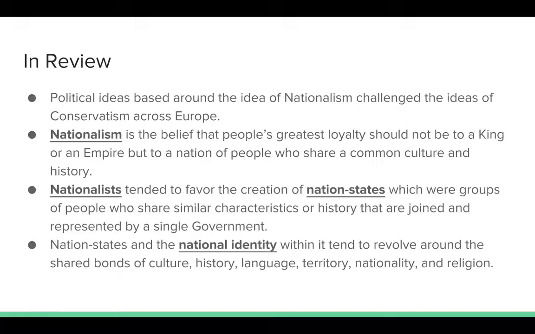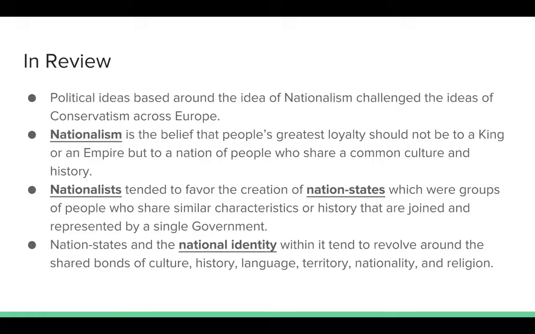Nationalists tended to favor the creation of nation states, which were groups of people who share similar characteristics or history that are joined and represented by a single government. And finally, nation states and national identity within it tend to revolve around the shared bonds of culture, history, language, territory, nationality, and religion.